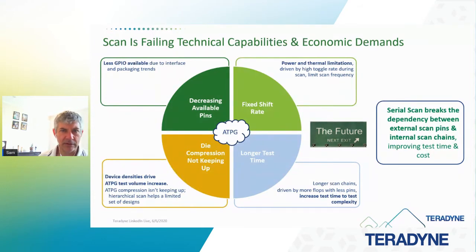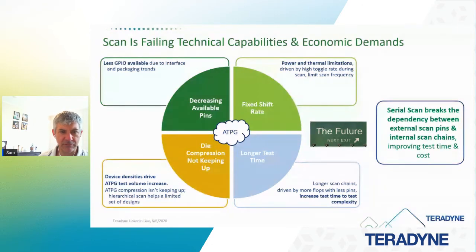On the upper right, the rate at which you can shift chains through your part is limited by a combination of power considerations and thermal considerations. Some of these relate to burning up the part, some of these relate to the ability of the tester to supply power at the chip, based on the number of pins or number of pads, or the test environment that you set up.